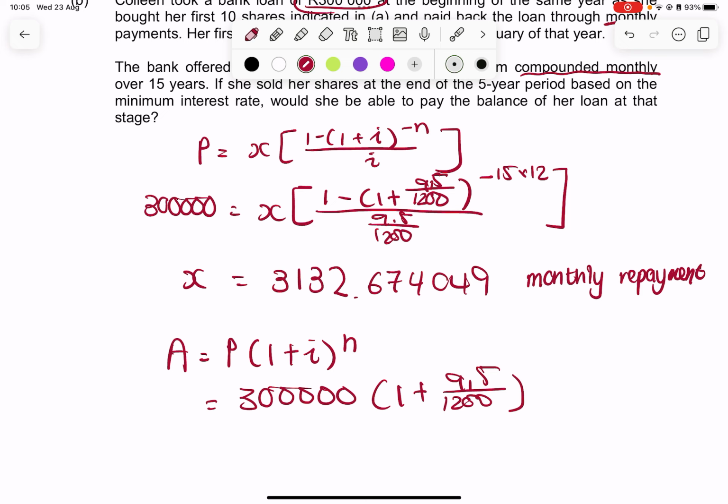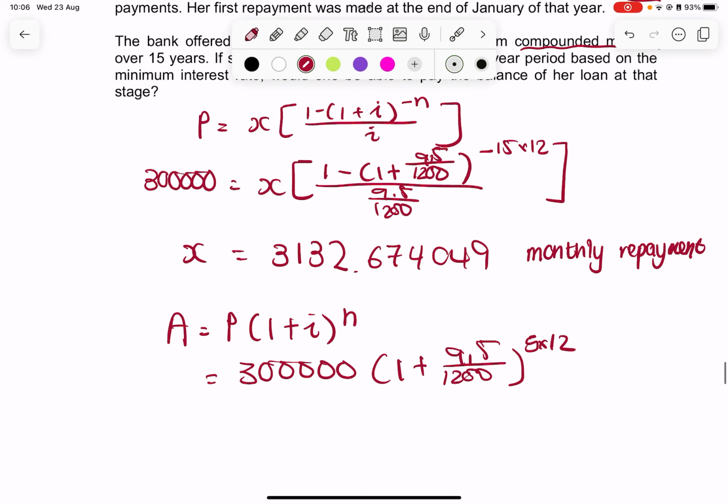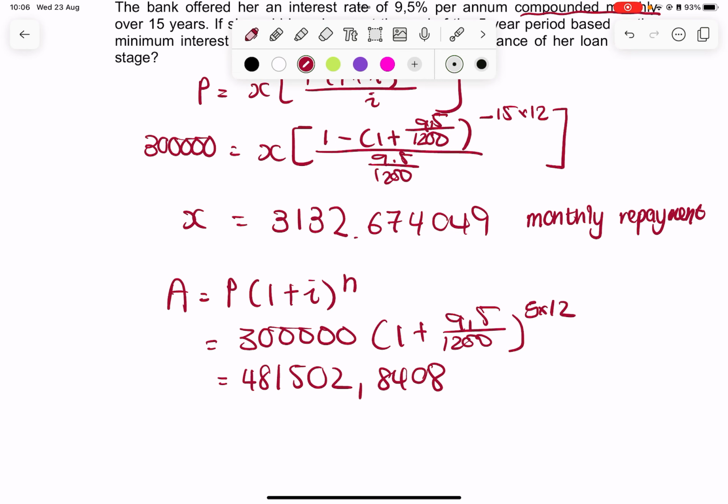So it's 5 times 12. Okay, here we get 481,502.8408. Now this is how much she would have owed.